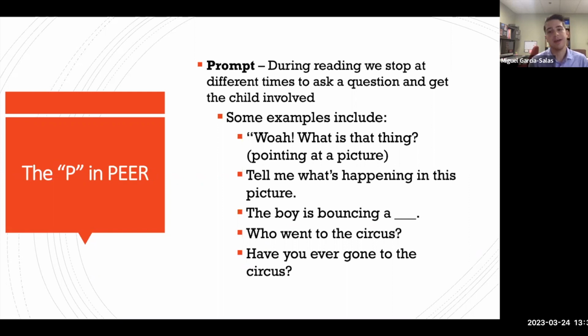Or you can ask the child to tell me what's happening in this picture. Another example of a prompt is called a completion prompt, where you say, oh, the boy's bouncing, then pause and let the child fill that in. As well as questions like, who went to the circus? And have you ever gone to the circus? Things like that. Those are some examples of prompts we can use in that first P in PEER.